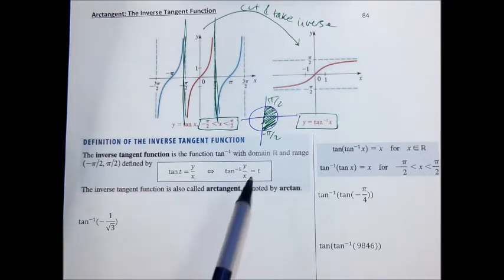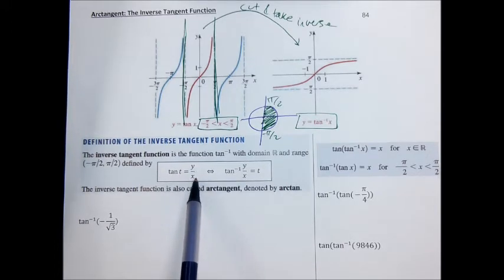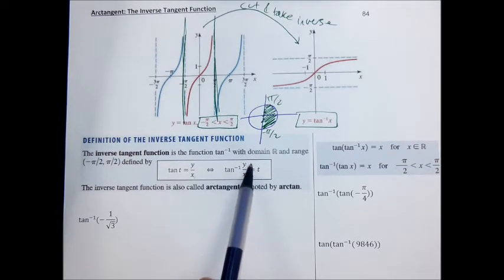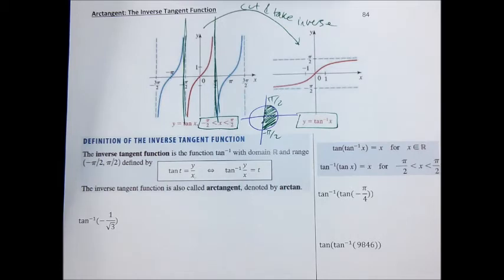So again, we're doing the same kind of thing, right? If tangent takes a t value and then you divide the y and the x, if we're doing the inverse, we're trying to send that division of the y and the x back to where it came from. But it's a simplified version of that division, which is tricky.